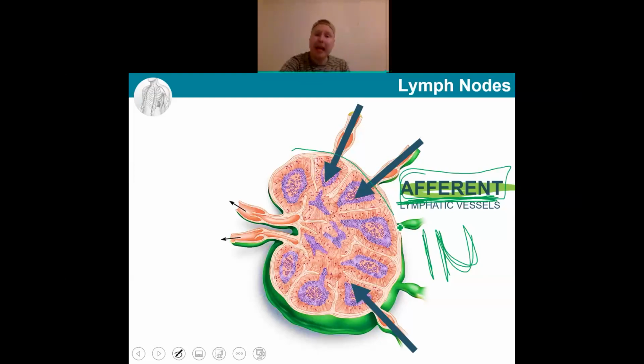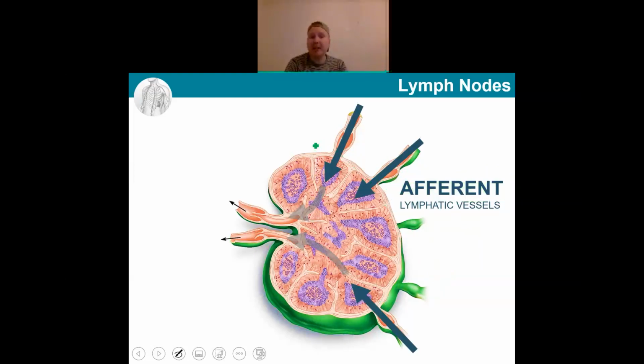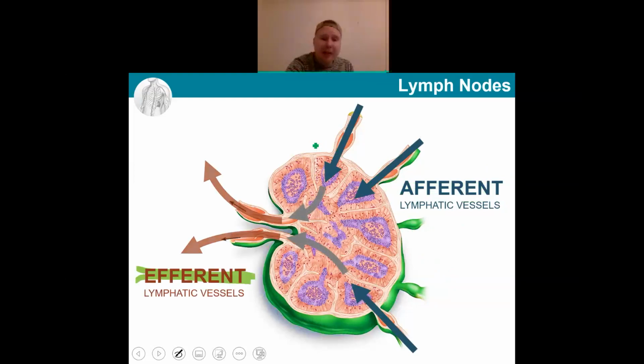And notice that the afferent vessels are on this larger convex surface. Lymph travels through the lymph node and then it leaves the lymph node on this smaller concave side. So what leaves is going to be called efferent.